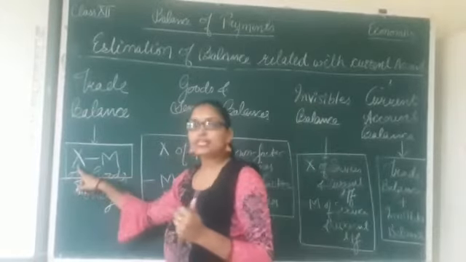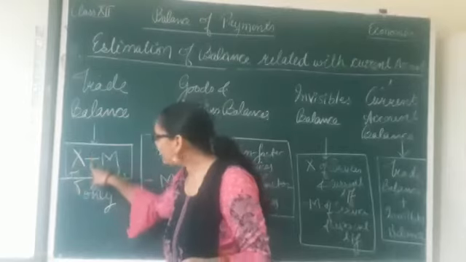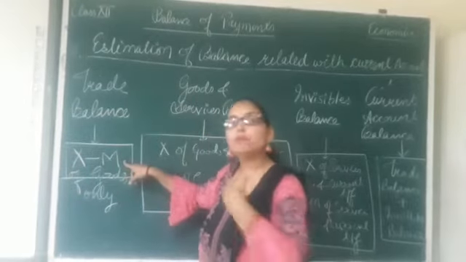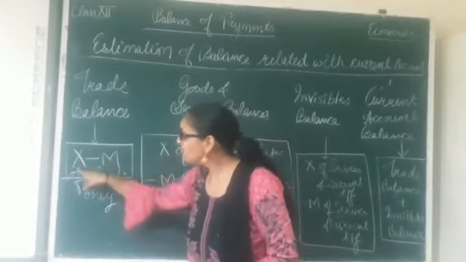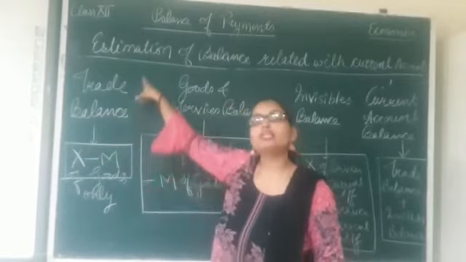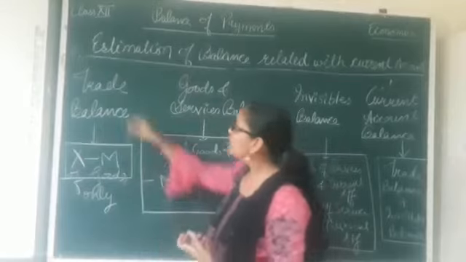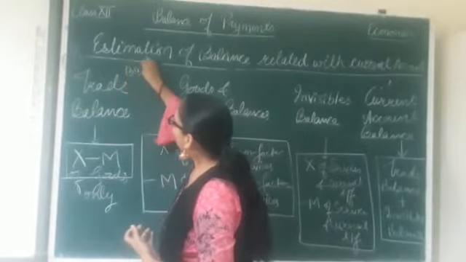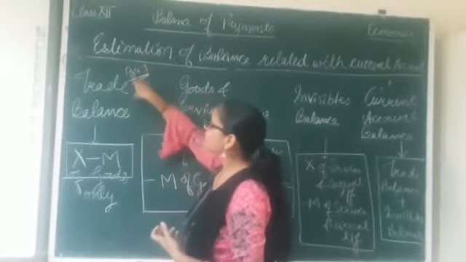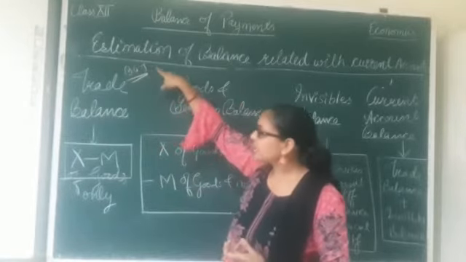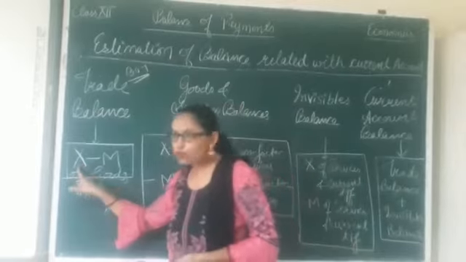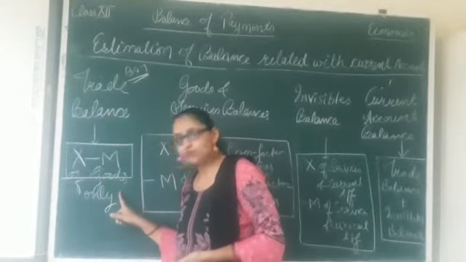Whatever the payment we are getting from the export of goods minus whatever the payment we are making for import of the goods, their balance or their difference is known as balance of trade or trade balance. This is known as BOT. BOT means balance of trade. And how is it calculated? Export of goods minus import of goods.